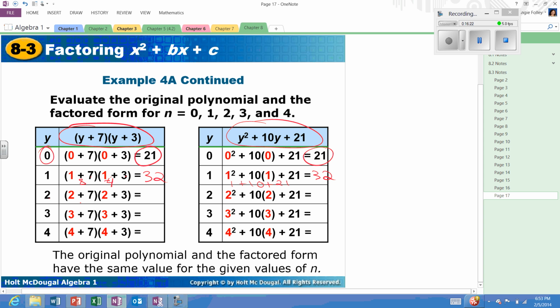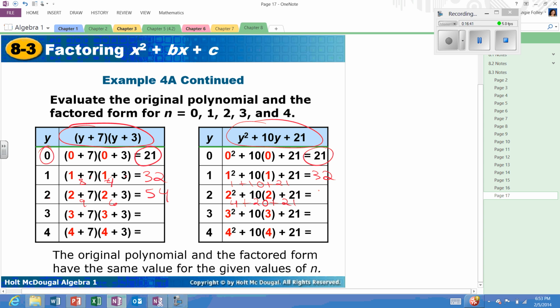If I plug 2 in on this side, I'll get 2 plus 7 is 9. 2 plus 3 is 5. 9 times 5 is 45. Over here, 2 squared is 4. 10 times 2 is 20.